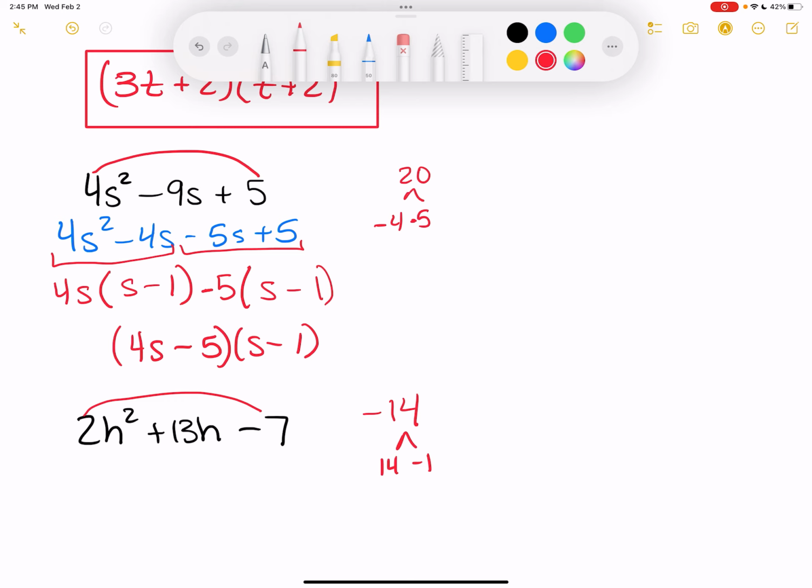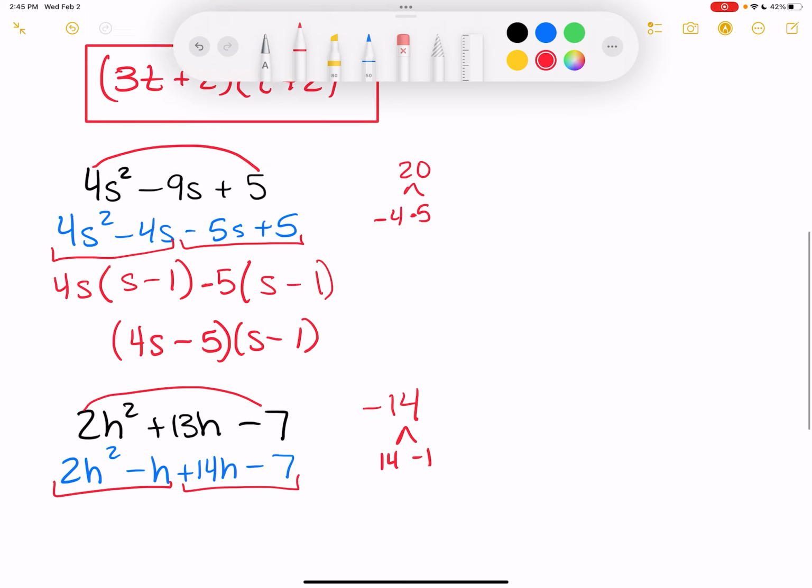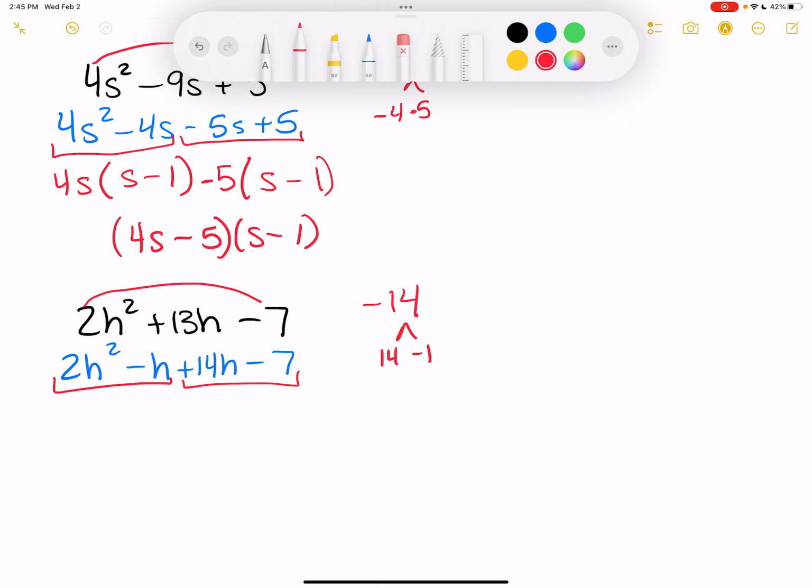This one doesn't really matter what order you write them in. Probably slightly easier math if you put the 14 with the 7. So you're going to have 2h squared minus h plus 14h minus 7. So we group. What am I taking out of the first group? Take out an h.